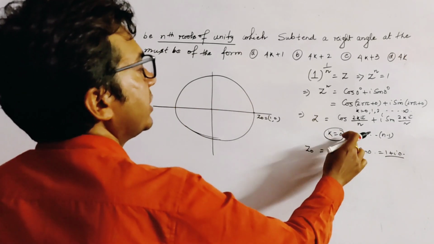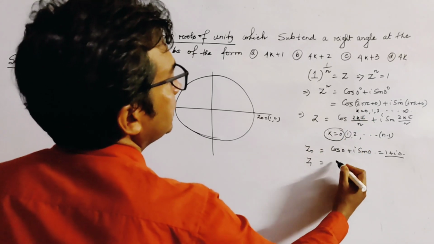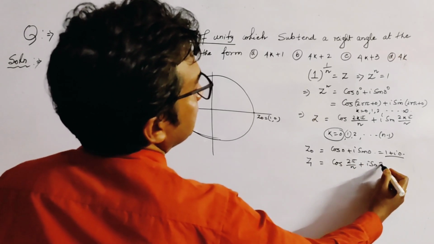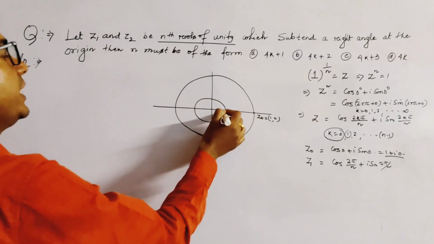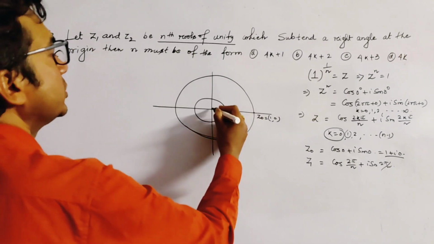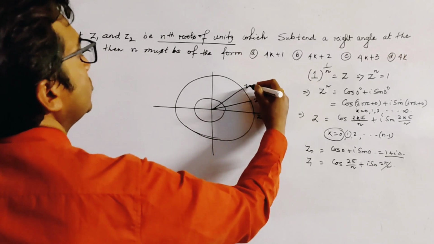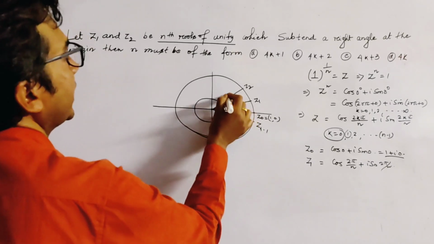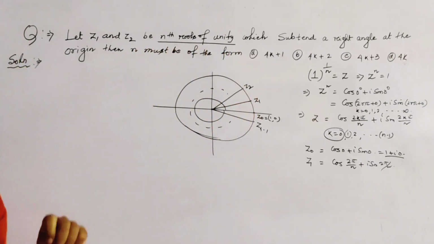For k equal to 1 we get z1, which is cos 2π by n plus i sin 2π by n. So the angle 2π is divided into n equal angles, and we put each complex number as z1, z2, and similarly zn minus 1, and so on. These are the nth roots of unity on the circle.